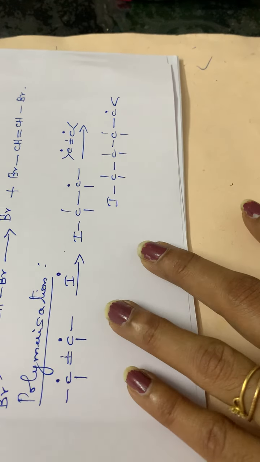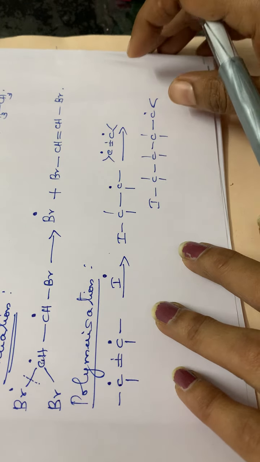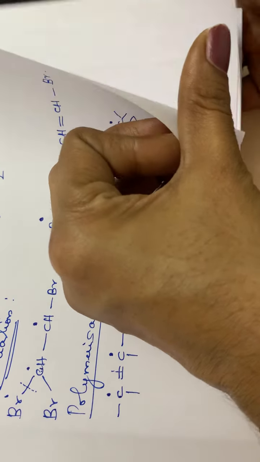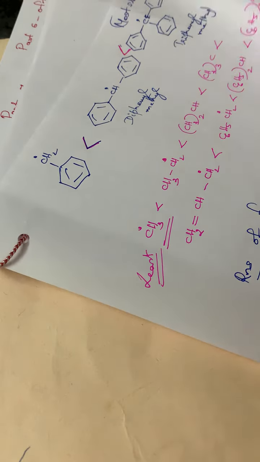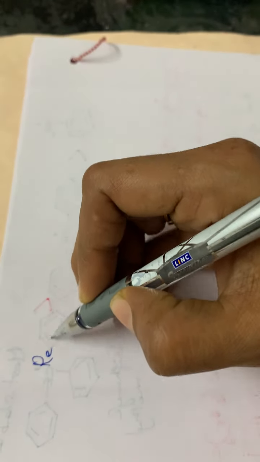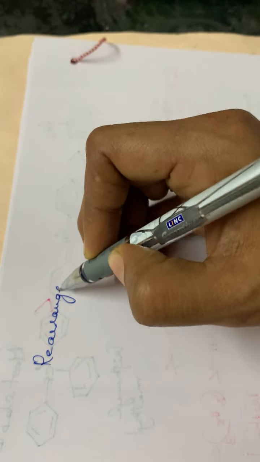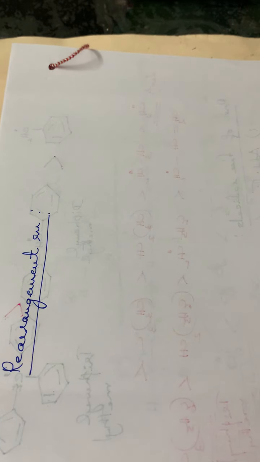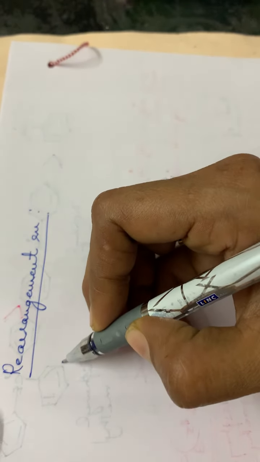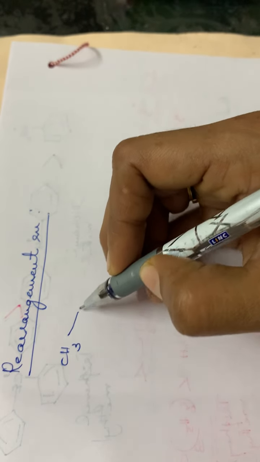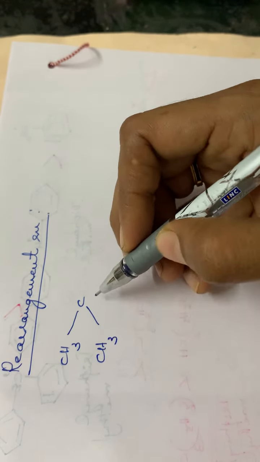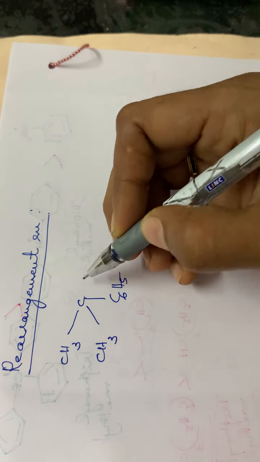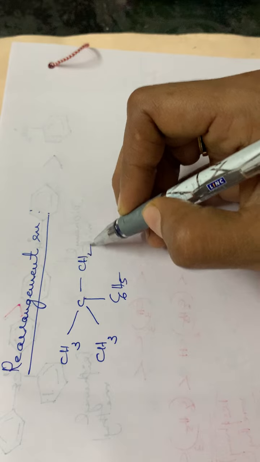So we have seen addition reactions, elimination, then polymerization, and the last one, that is the rearrangement reaction. Say for example, CH3, C, CH3, then again one C6H5 group is attached to this carbon atom, single bond CH2 dot.